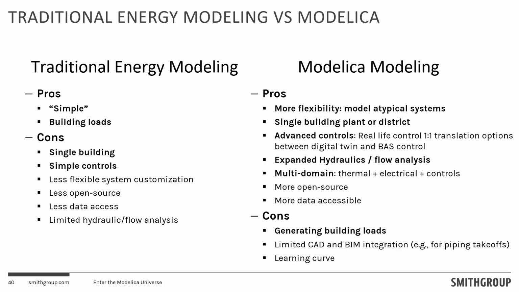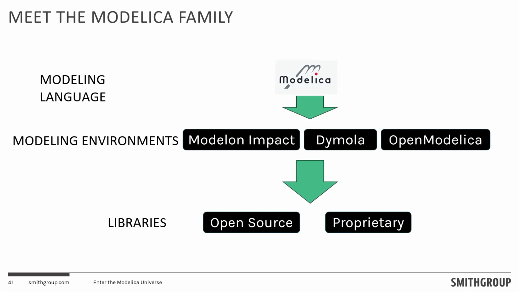Traditional energy modeling is more for building loads. Modelica could be used for single building plant design or district design. It doesn't do individual building loads very well. It can do it, and there are methods for it, but it's great for multi-domain analysis. Like I mentioned, it's great for advanced controls. There are some real life one-to-one control applications where you can deploy the controls directly to a building. So there are some really great opportunities.